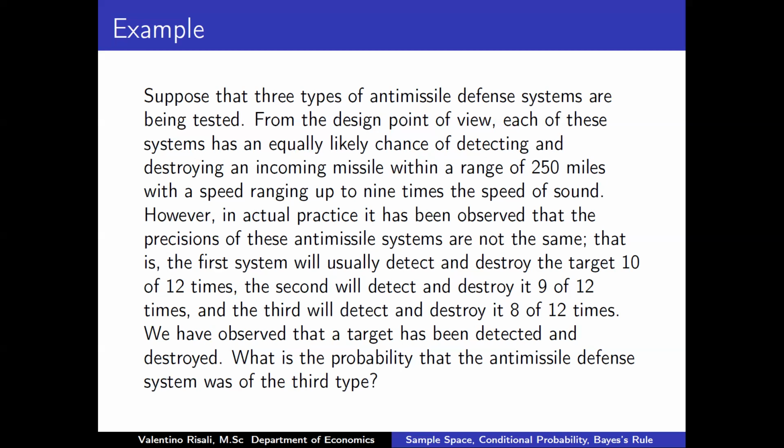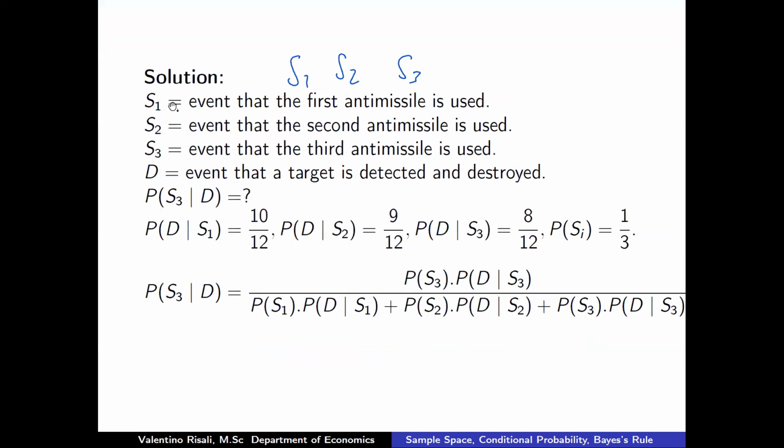Okay, because there are three systems, we can write the partition as S1, S2, and S3. They produce a partition for this problem. And then we define these events. S1 is the event that the first anti-missile is used, S2 the second, and S3 the third.